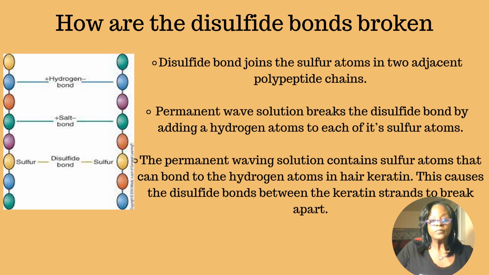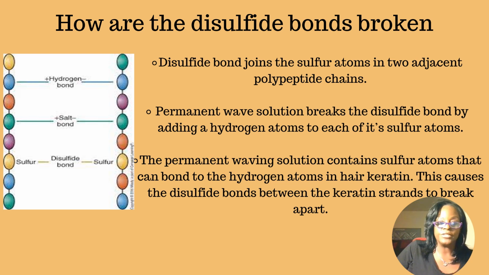Here we see the polypeptide chains, or side bonds, whatever you want to call it. The polypeptide chains are here, and here are the sulfur atoms. When we apply the alkaline solution, it adds a hydrogen atom to both of these sulfur atoms.